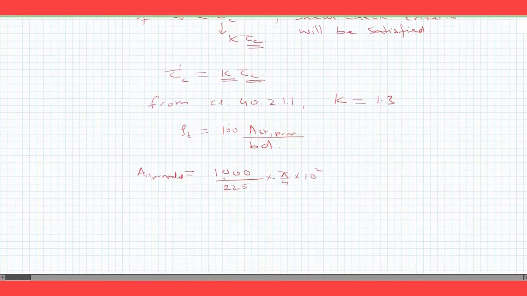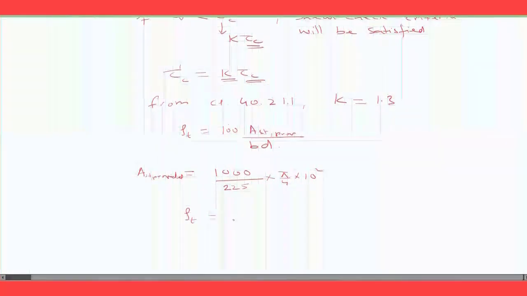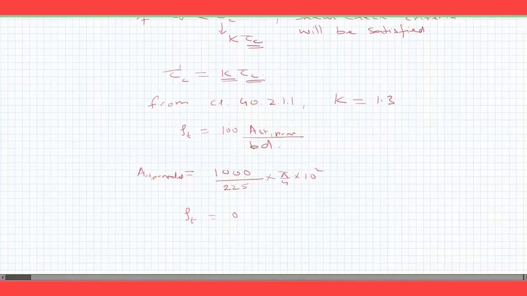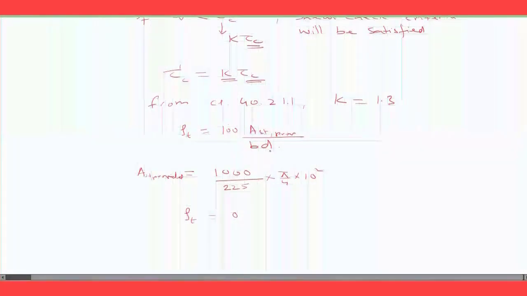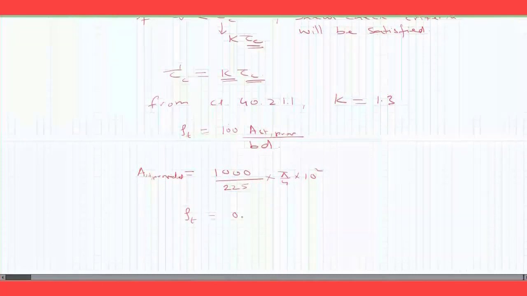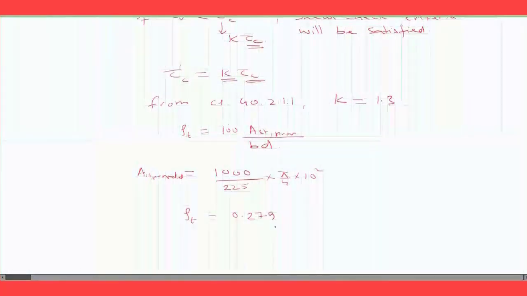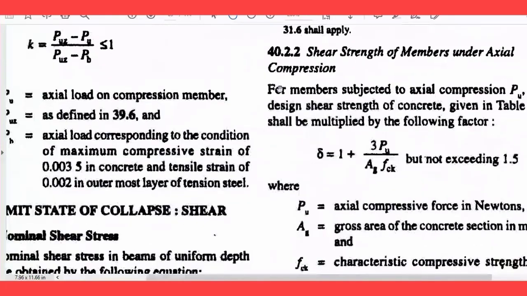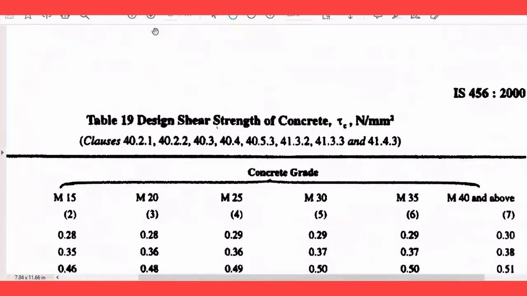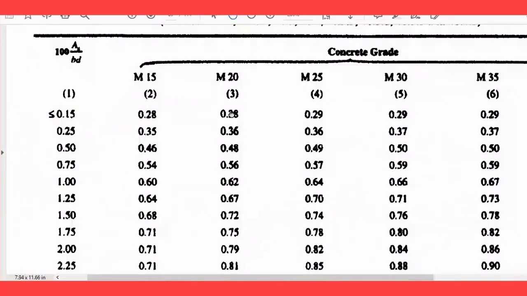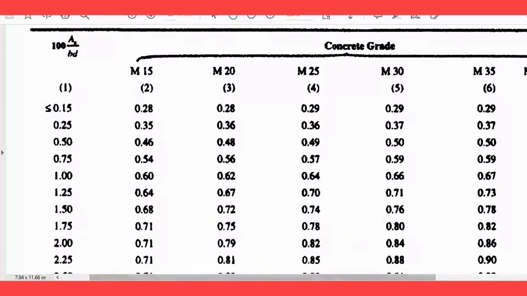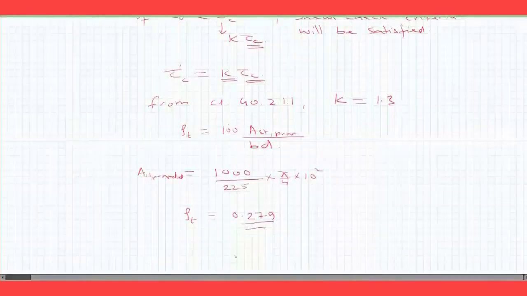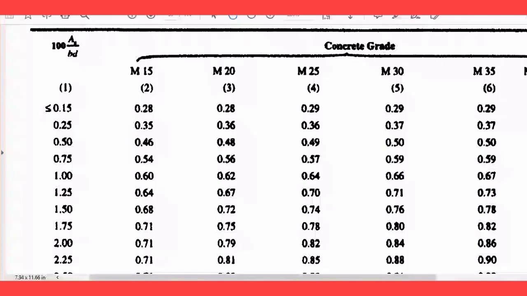If I substitute this value here and compute percentage tension reinforcement, with B as 1000 and D as 125, you'll get percentage tension reinforcement as 0.279. For computing tau c, we have to refer to table number 19, design shear strength of the concrete. This 0.279 value is lying between 0.25 and 0.5.